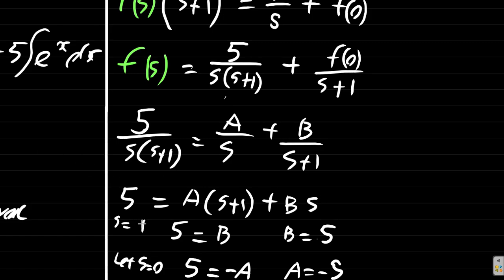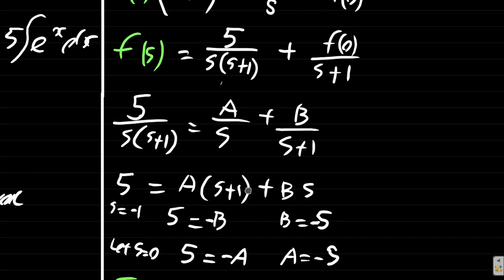Then when s is 1, we said when s is 1. So this one should have been when s is negative 1. So when s is negative 1, we have 5 equal negative 1 plus 1 is 0. So A will disappear. So this would be B times negative 1, is negative B. So B would be negative 5.